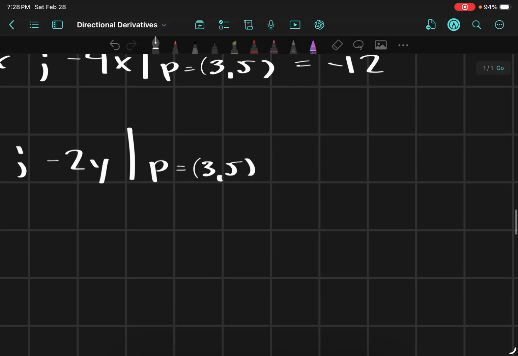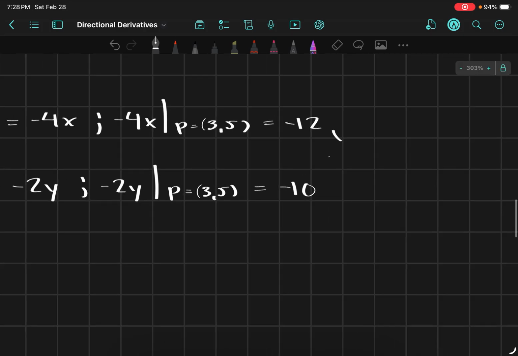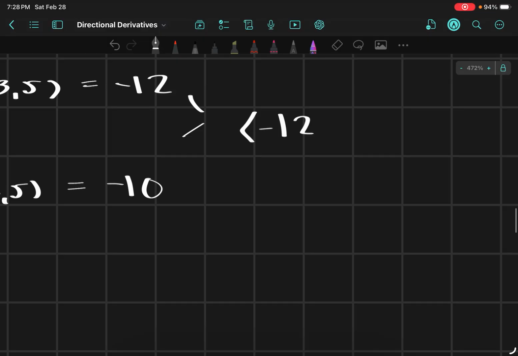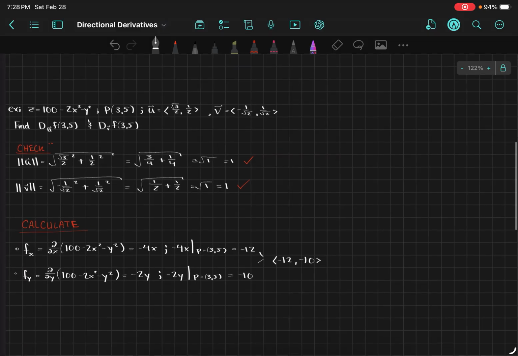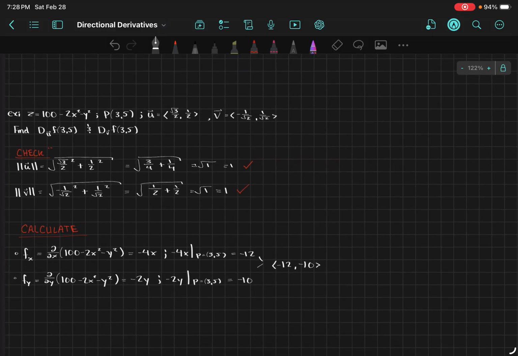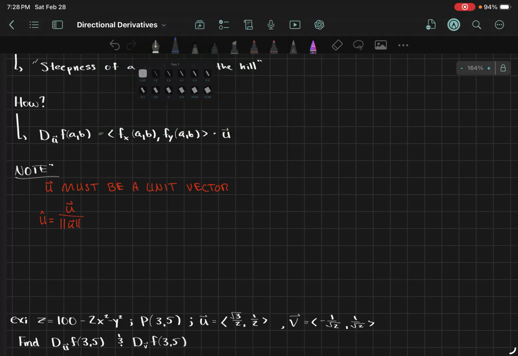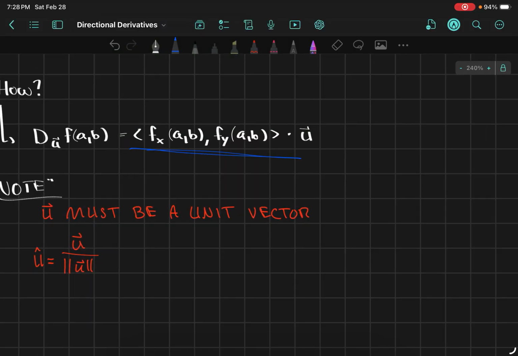And we have negative 2 times 5, which is going to equal negative 10. Therefore, our first aspect of this is going to be negative 12, negative 10. So we now have the gradient. That is something I will get to in the next video, but I'm just going to call it that right now. So we essentially have found, we'll do blue for this one, we have found this.